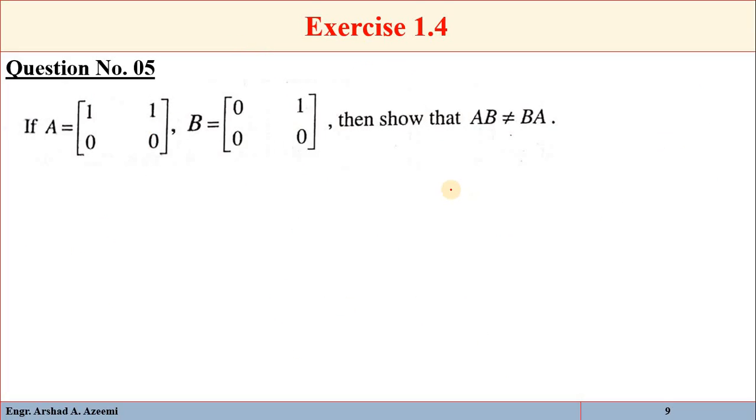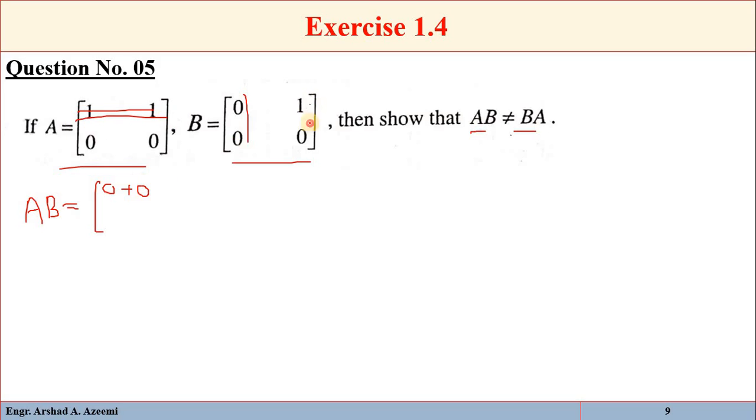Question number 5, if A is equal to this one, B is equal to this one, then show that AB is not equal to BA. So let's find out AB, meaning that is possible. AB is also possible, BA is also possible, but they will not be equal. Okay, so multiply this row with this column, so 1 multiplied by 0, 0, plus 1 multiplied by 0, 0.